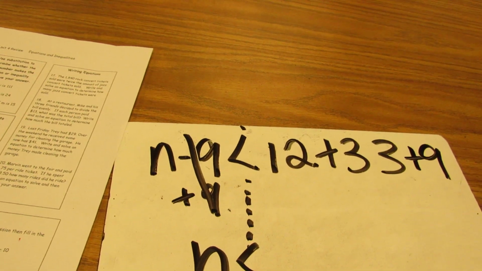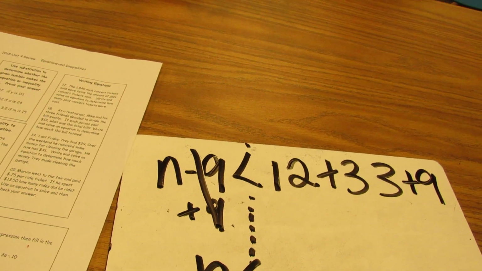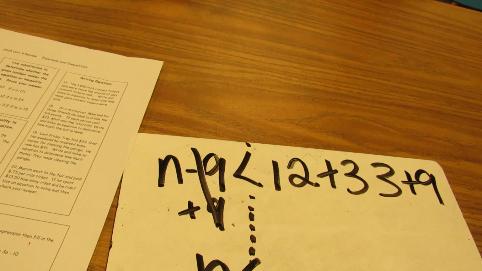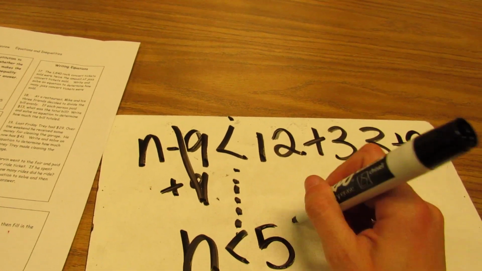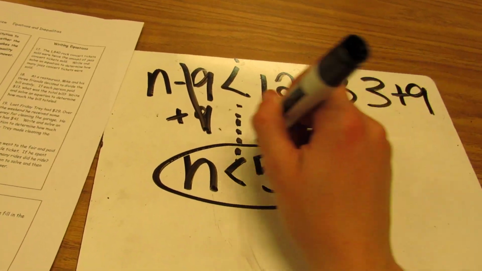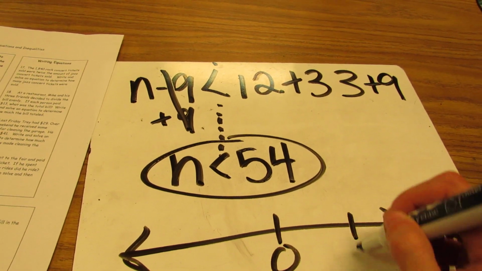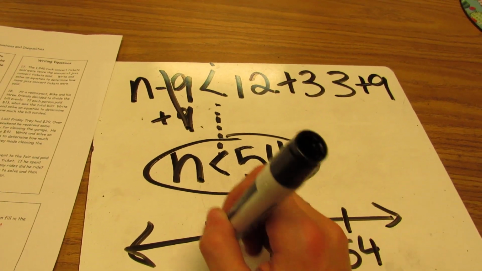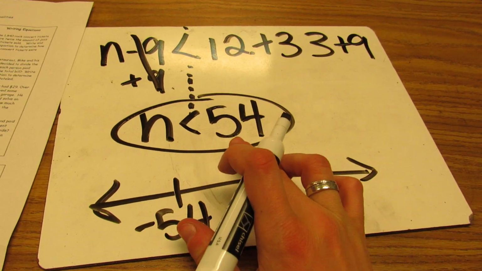So 12 plus 33 plus 9 gives me 54. Okay, so here is my inequality. It's simplified, but it said you need to graph it as well. So if I go to a graph, I'm okay if you just show me something like this, okay? So I'm going to go to 54.